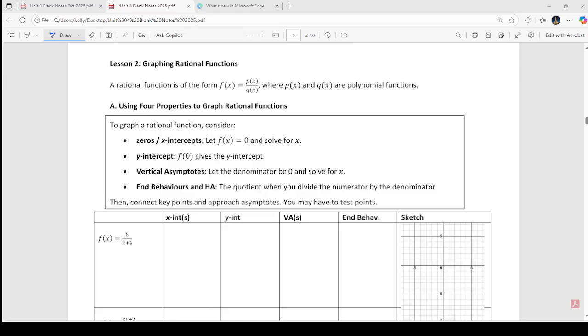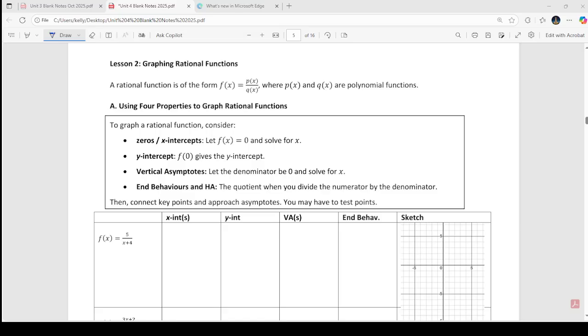We will use four properties to graph the rational functions. From the equation, we can identify the x-intercepts, the y-intercept, the vertical asymptotes, and the end behavior and horizontal asymptote. The x-intercept comes from when your function equals 0.